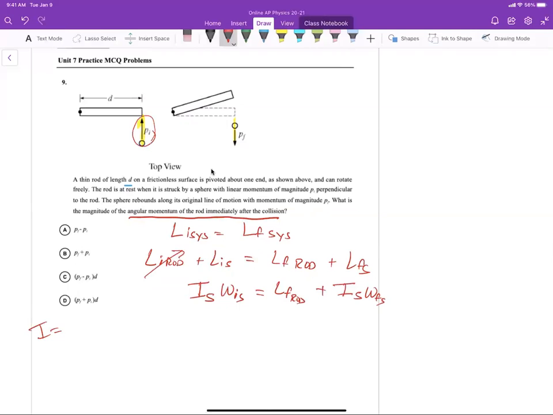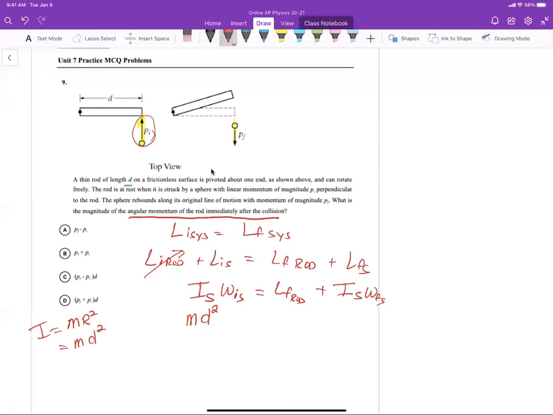And so the I of the sphere, the rotational inertia, is that one mass times its distance away from the axis of rotation squared. In this problem, that distance was called d, so I'll call that d squared. So it's the mass of the sphere times its distance away from the axis of rotation squared.